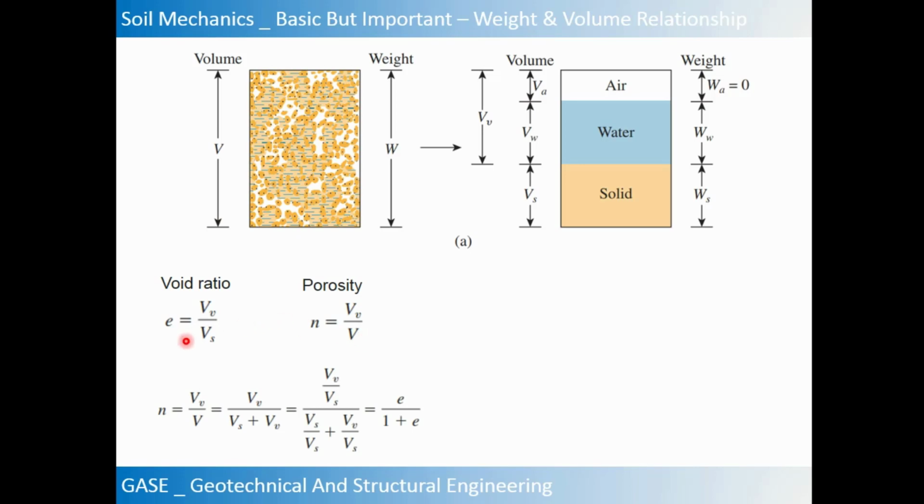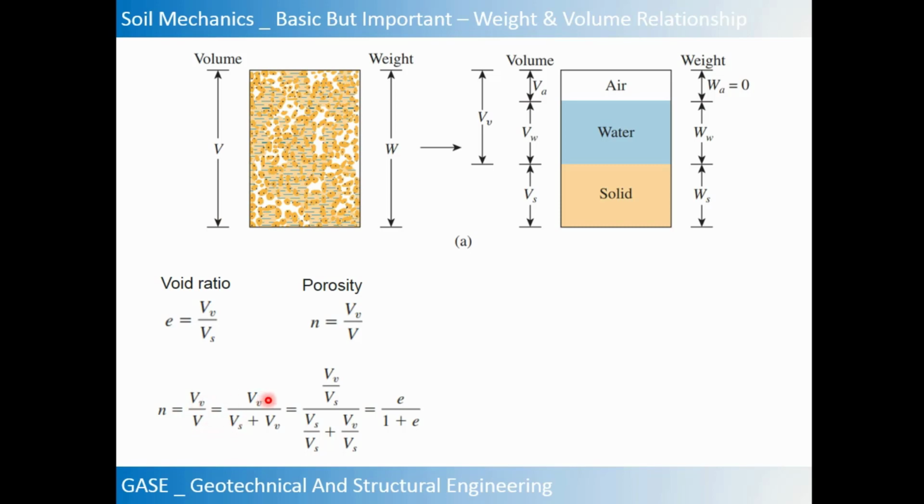And so we will make the relationship between the porosity and the void ratio. Actually, we have the porosity n equal to the volume of the void divided by the total volume of the soil specimen.